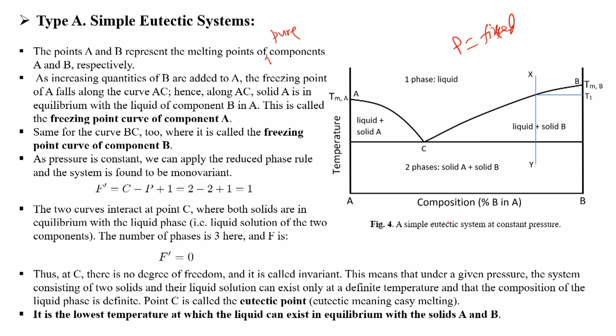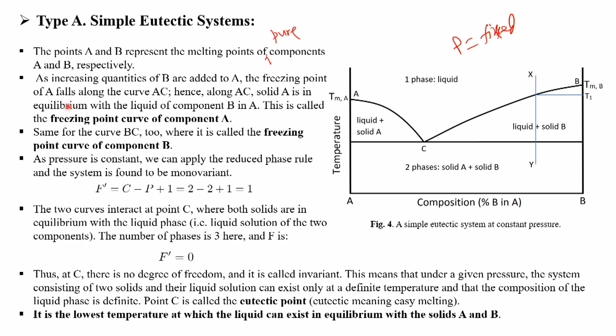We are varying the percentage composition, the percentage of B in A. At this point we get 100% A and here we get 100% B. So point A represents the melting temperature of A and this is the melting temperature of B. Increasing quantities of B are added to A, so B is increasing.